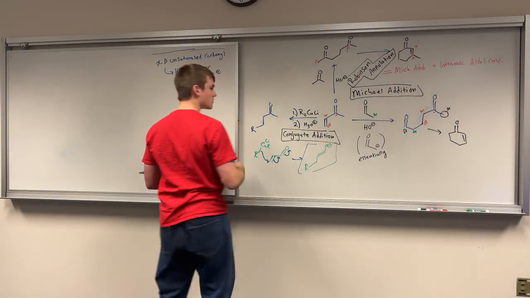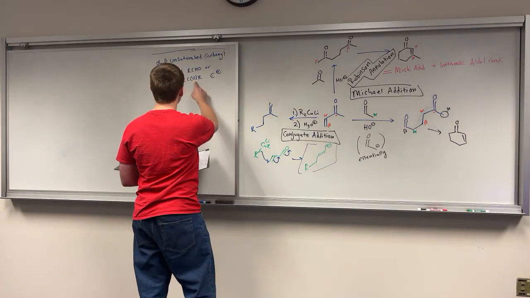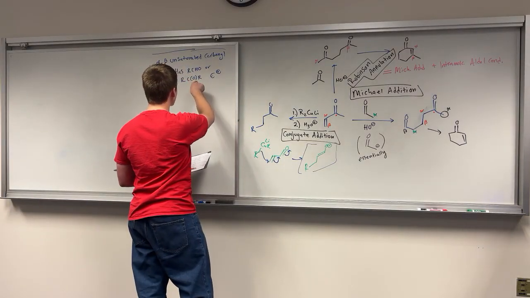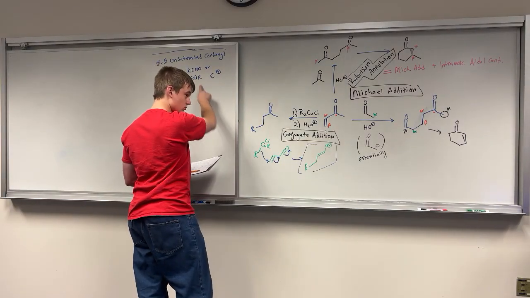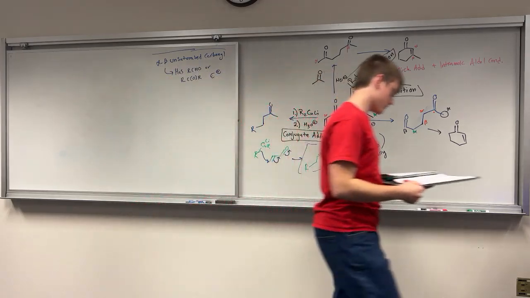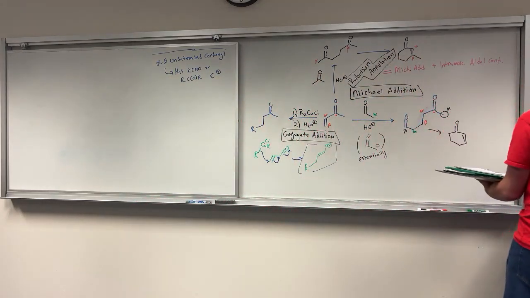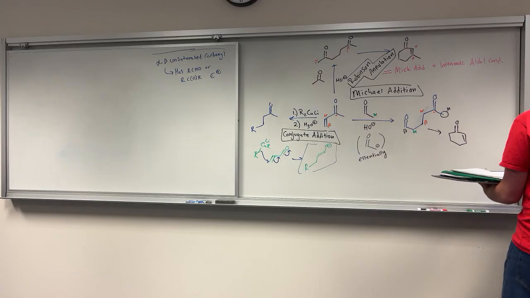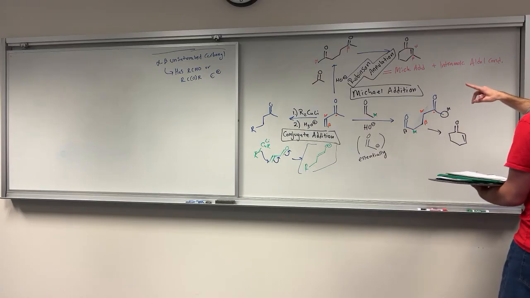Can't have a ketone? Hey, that's a ketone. And an ester. No, that's not an ester. Ester needs to have two O's. Ester nucleophile. It says it must have this as the electrophile.